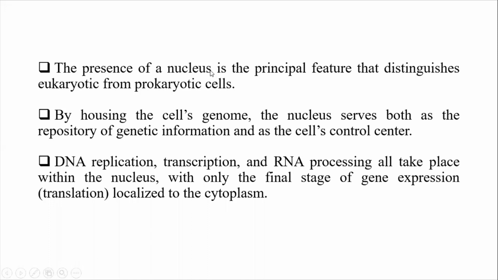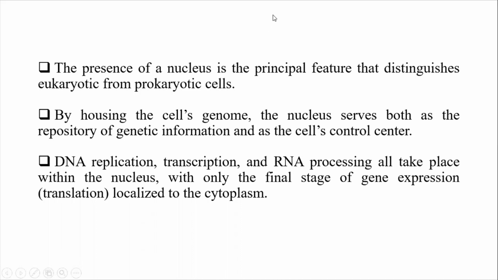The presence of a nucleus is a principal feature which distinguishes between eukaryotes and prokaryotes. By housing the cell's genome, the nucleus serves both as the repository of genetic information as well as the control center. This we know, right? Depending on the environmental or external stimulus, whatever signal is perceived by the cell, accordingly the genes are going to get expressed.